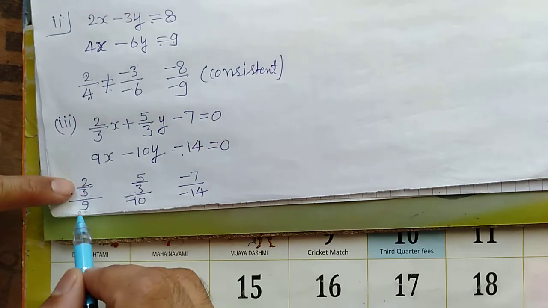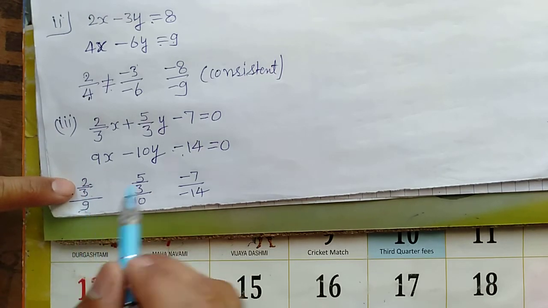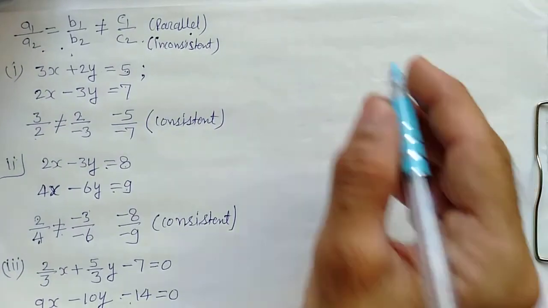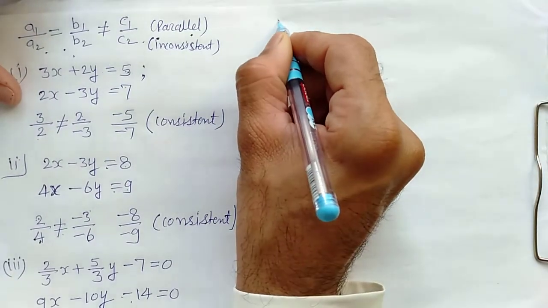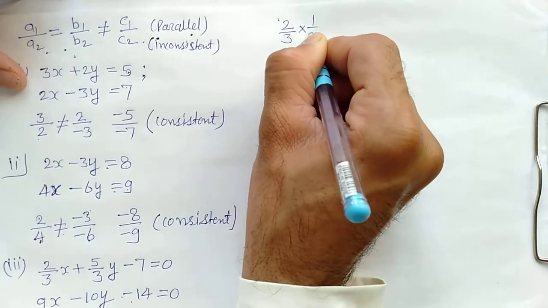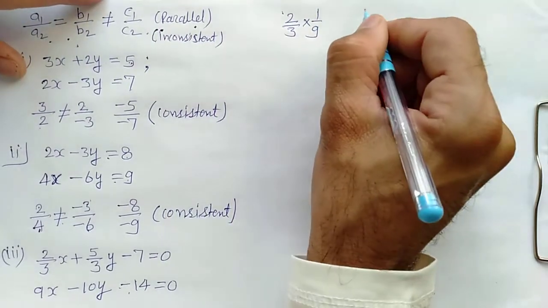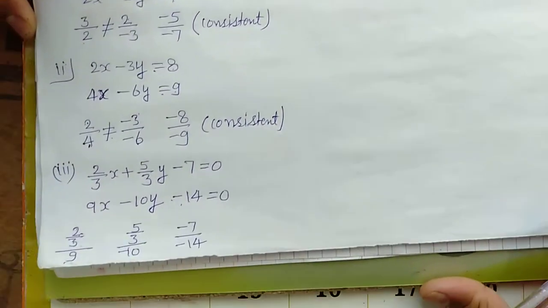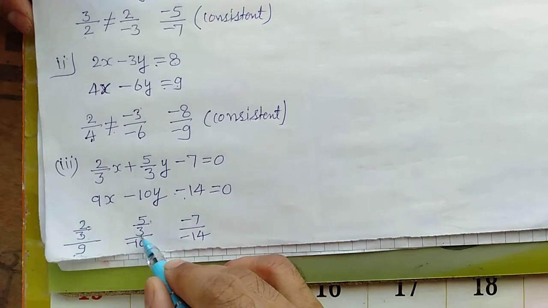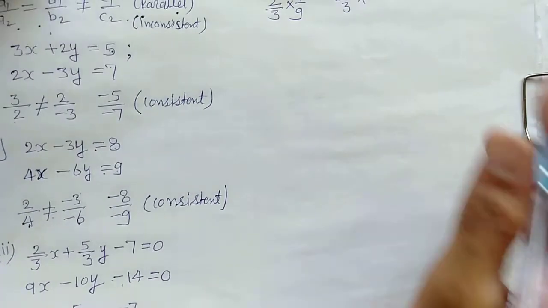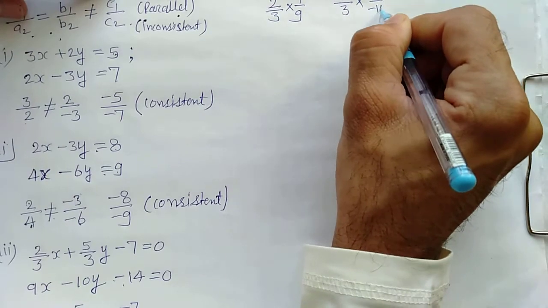2 upon 3 will be equal to 1 upon 9. So here I am writing the next step. 2 upon 3 multiplied by 1 upon 9. And the second one is 5 upon 3. See this one, 5 upon 3 and this minus 10 upon 1. Now just take the reciprocal, 1 upon minus 10.